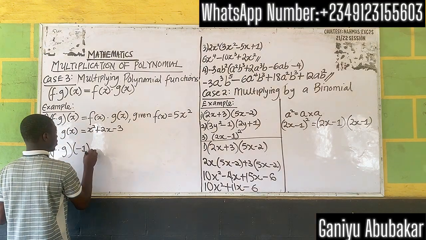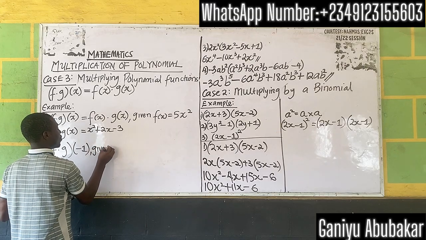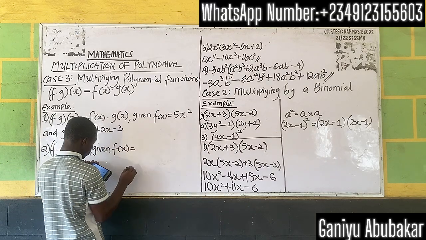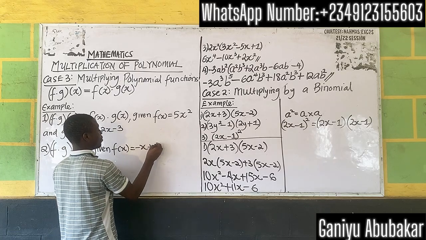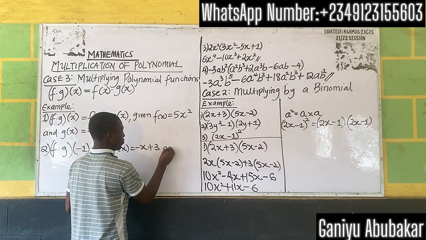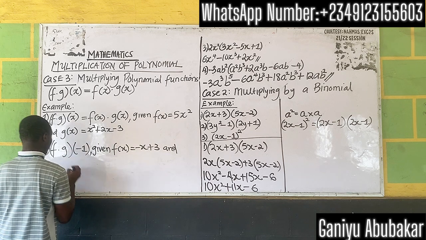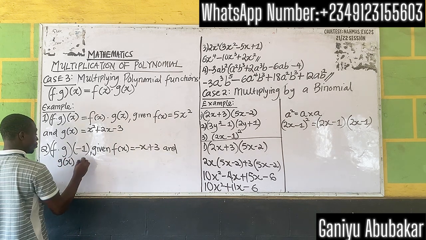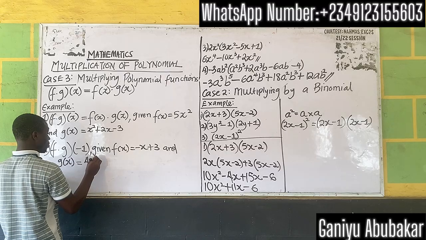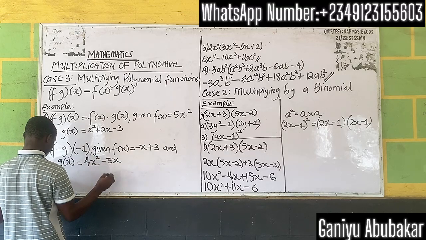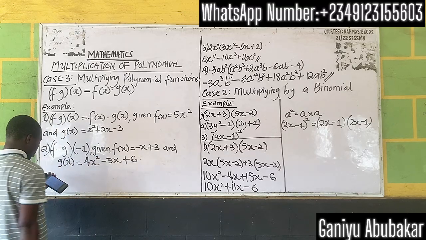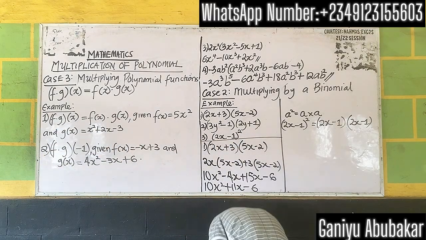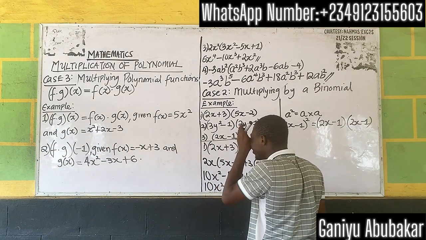Given that f(x) is equal to negative x plus 3 and g(x) is of course 4x squared minus 3x plus 6. All right, let's solve this together.